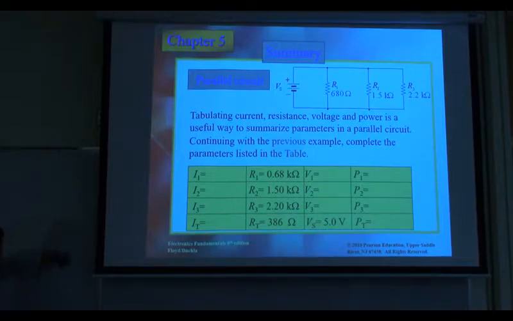So look at this. What is the first power? The first power is V1 squared over R1, right? All the V must be the same, so just V squared over R. What's the second power? V squared over R2. And V, again, is the same. The third one is V squared over R3.